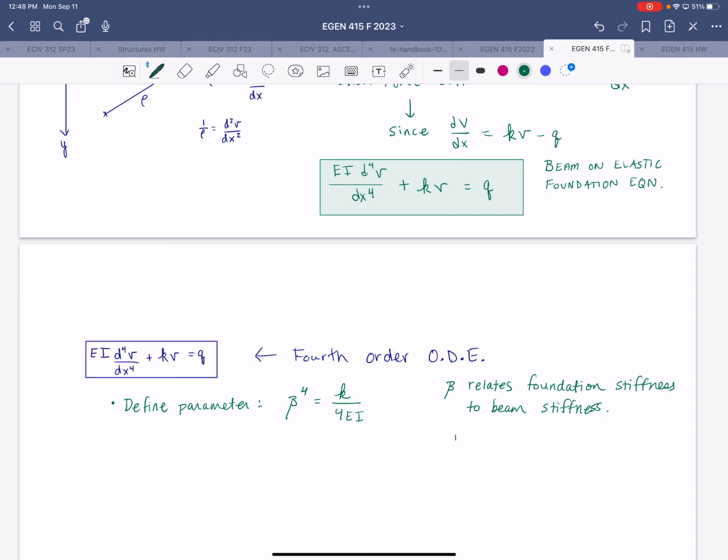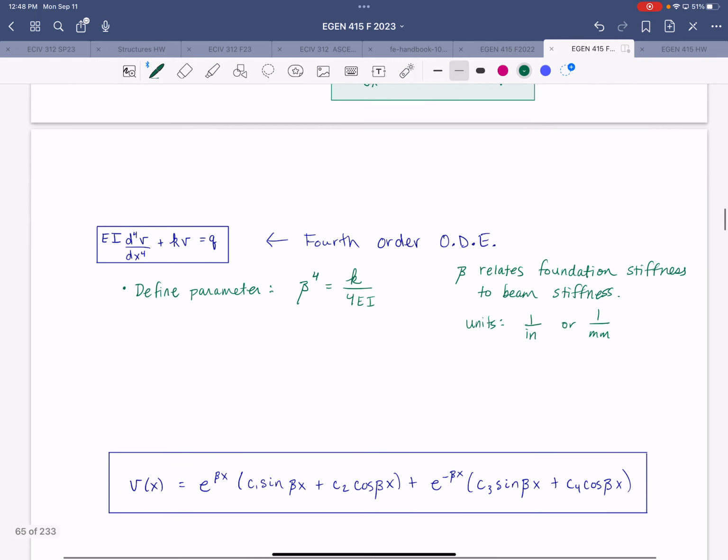The units of beta are 1 over inches or 1 over millimeters. You'll understand the reason why later when we get on Wednesday into applying this.